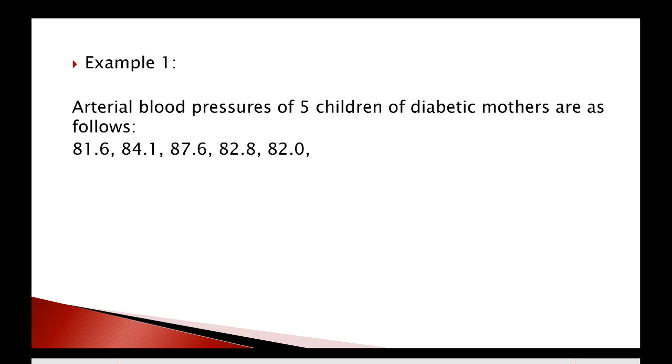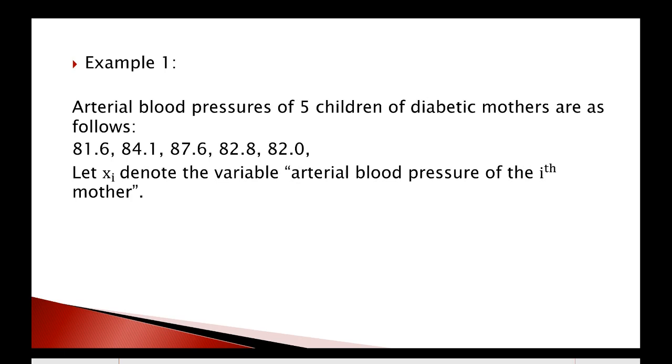Blood pressures of 5 children of diabetic mothers are as follows: 81.6, 84.1, 87.6, 82.8, and 82. Let xi denote the variable arterial blood pressure of the ith mother. Find the sample mean x bar.